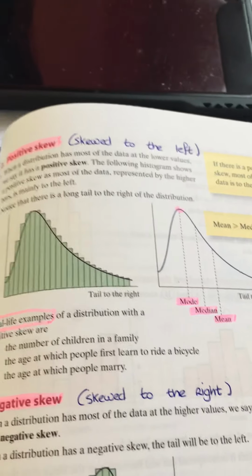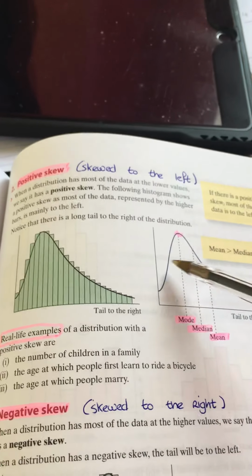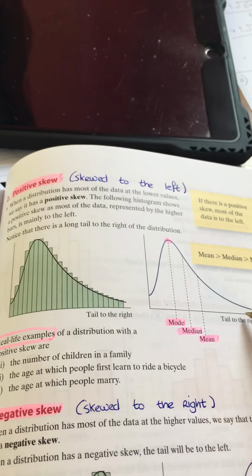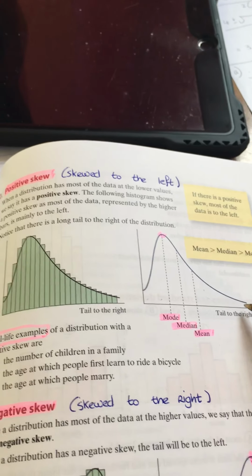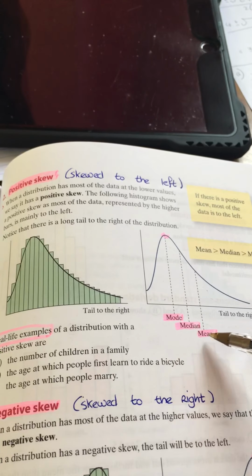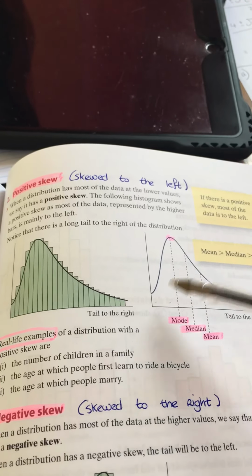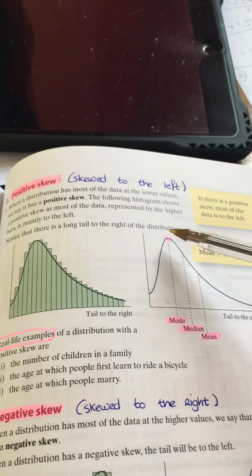Okay, over to positive skew, or skew to the left. Why do we say it's skewed to the left? Because most of the data is going to be to the left. Everything to the right over here is of much less value. You need to know where these 3 fall. The easiest way that I remember it myself is that the mode is the highest value.